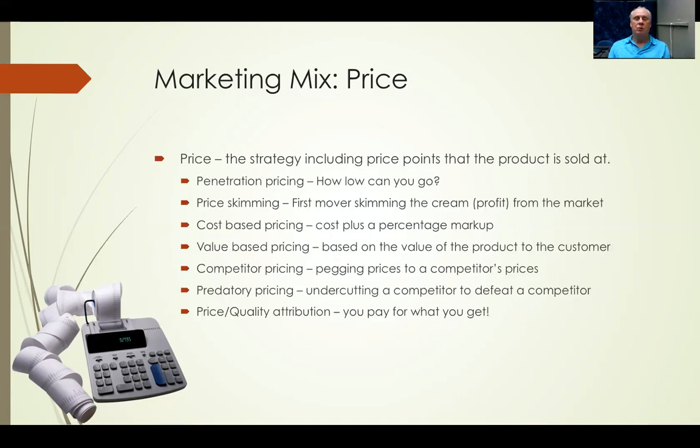In other words, if you're willing to pay a higher price, you might get a higher quality product, or if you're willing to pay a low price, then you might have to accept as a customer that you're not going to get a very good quality product. What that means to the entrepreneur is that it's not always the best course of action to have a quality product and sell it for a low price.